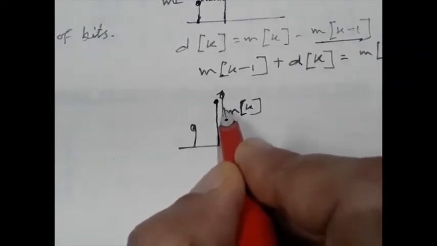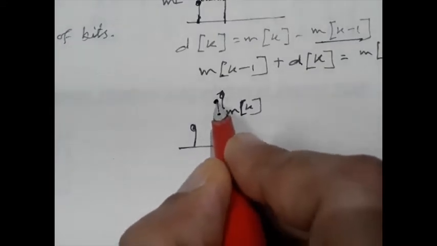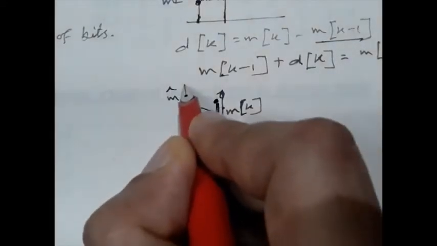So this is the current sample, and this is the estimation of the current sample, written as, say, m cap.